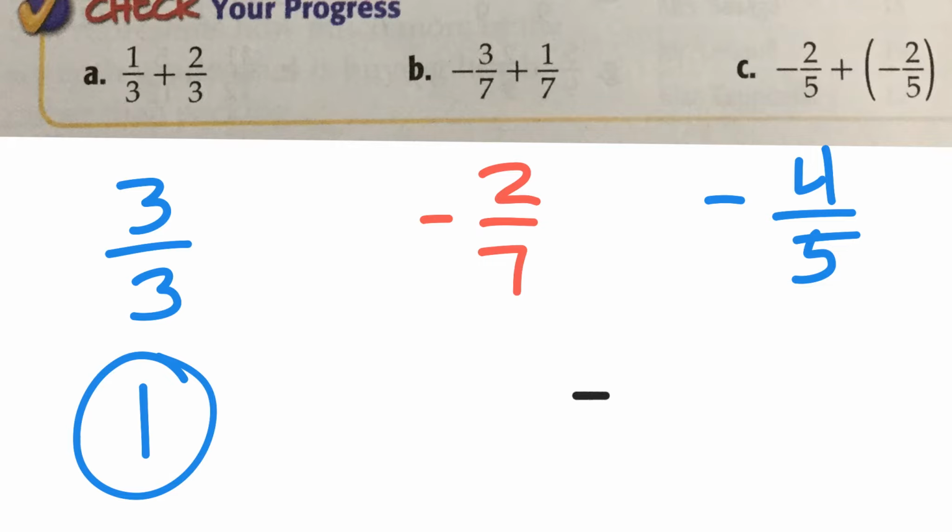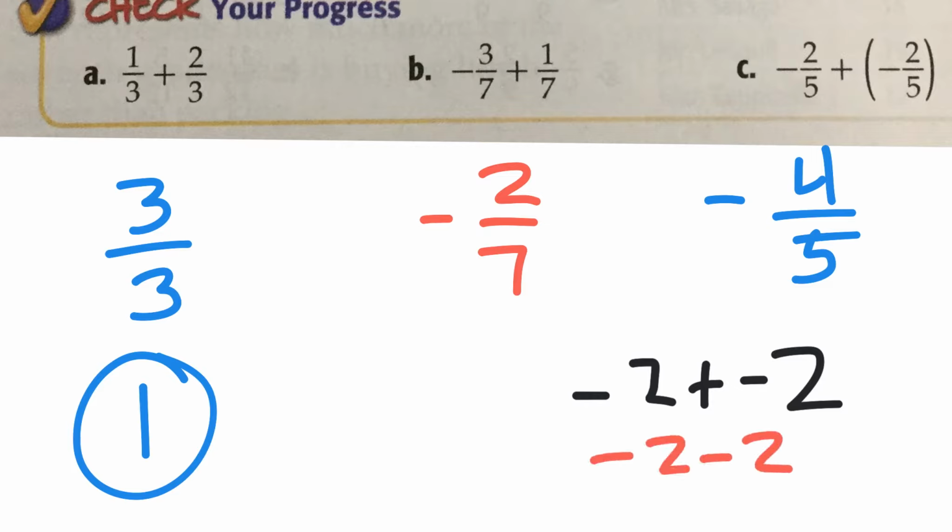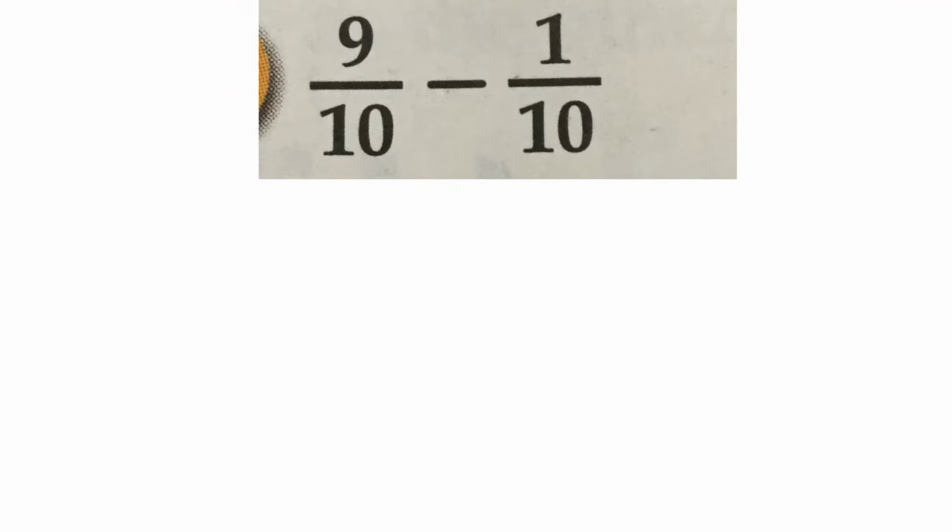The first 2 did, but the second one didn't. Yeah, it has 2, doesn't it? So the one with 2 signs makes it negative 2, and you add, which is 4. And you keep the sign. Yep, very good.